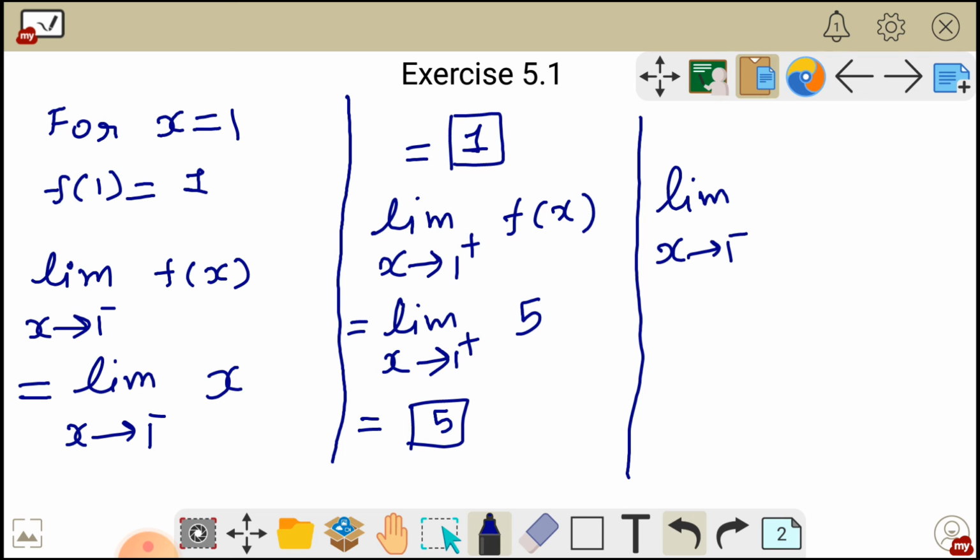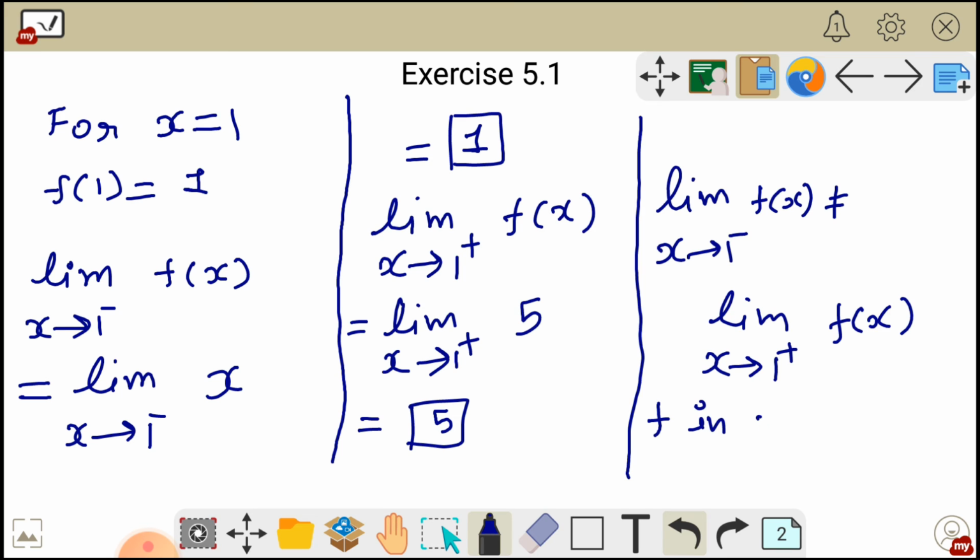Limit x tends to 1 minus f of x is not equal to limit x tends to 1 plus f of x. So these two are not equal, that's why the function f is not continuous at x is equal to 1.